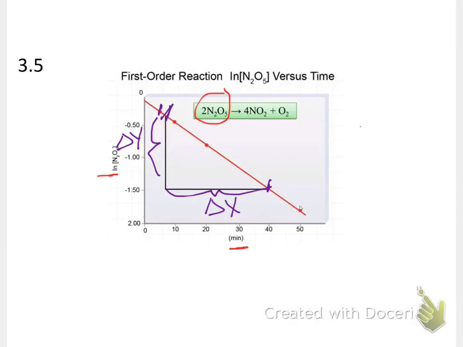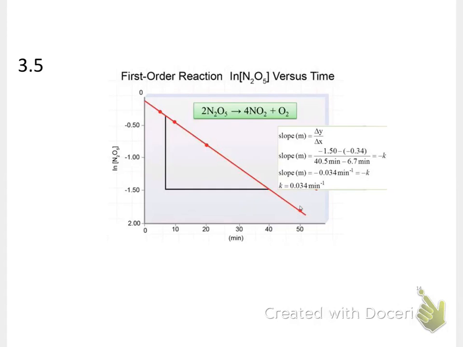Now remember, this is going to be experimental data, so it won't be perfect, and this line won't be perfect, so you want to always make sure that you are picking 2 points on the line, not necessarily data points, okay? And make sure you've got your y's and your x's lined up with the same data points. So if you do that, you can get the slope. So go ahead and figure out the slope, enter your answer, and then we'll take a look.